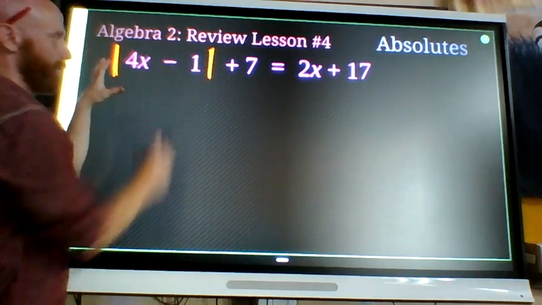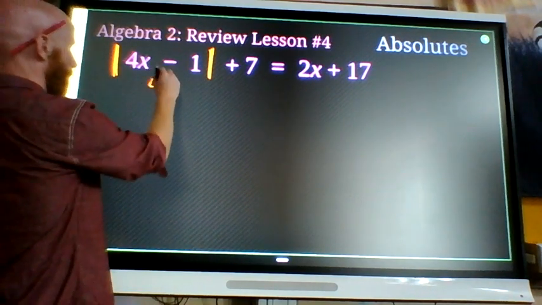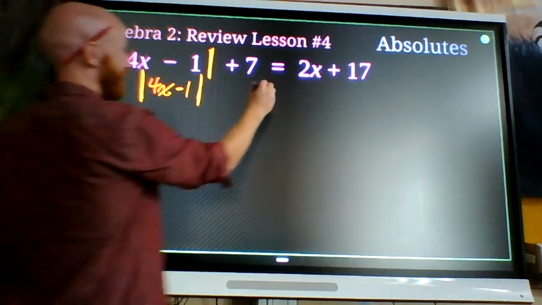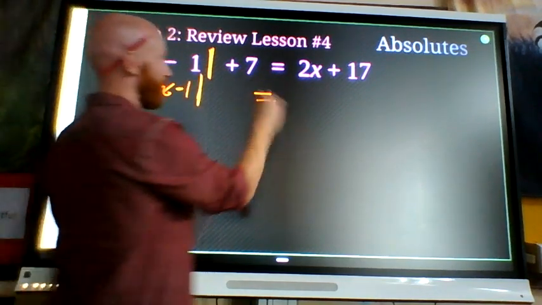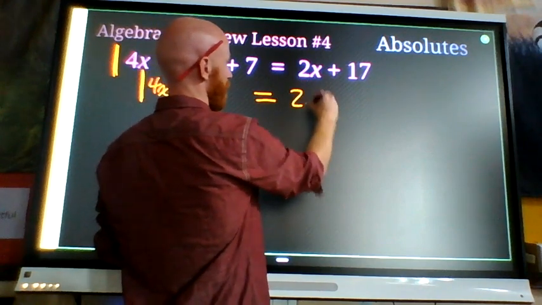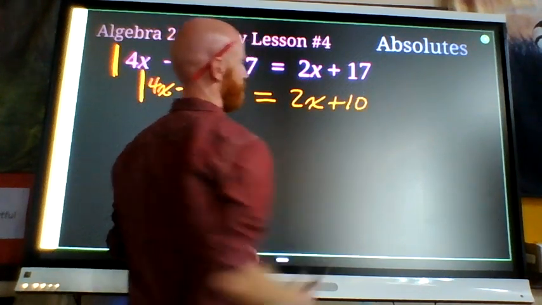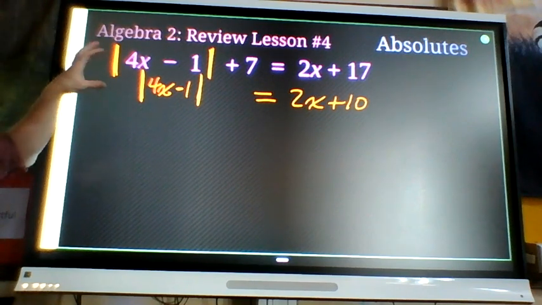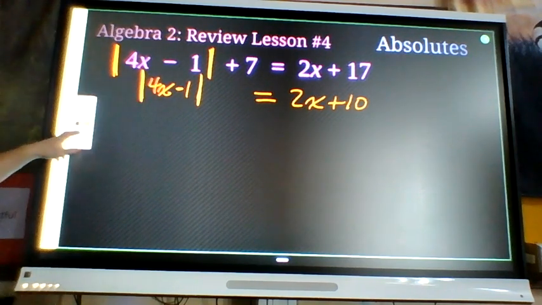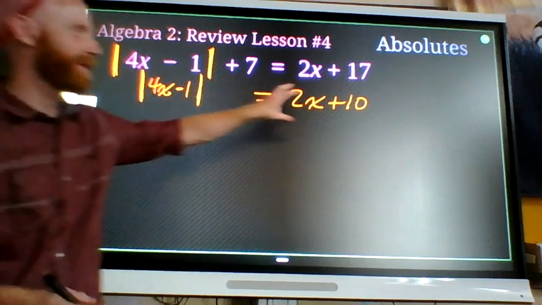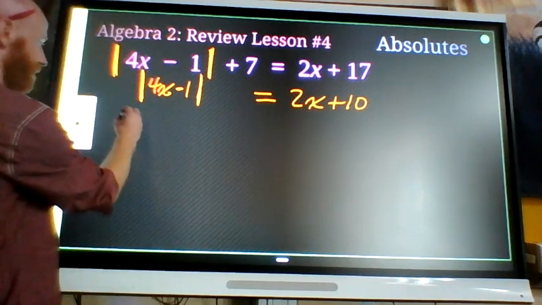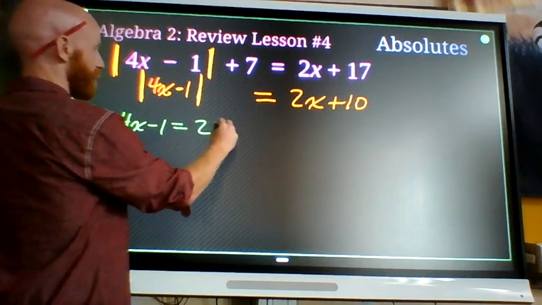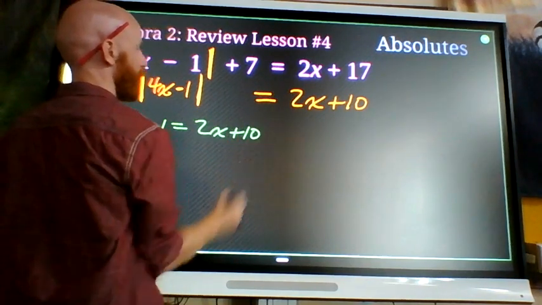Still, I want to isolate my absolute value. So the absolute value of 4x minus 1 equals, subtract 7 from both sides, 2x plus 10. All right? Now, what is inside here might be able to equal exactly that. 4x minus 1 equals 2x plus 10.